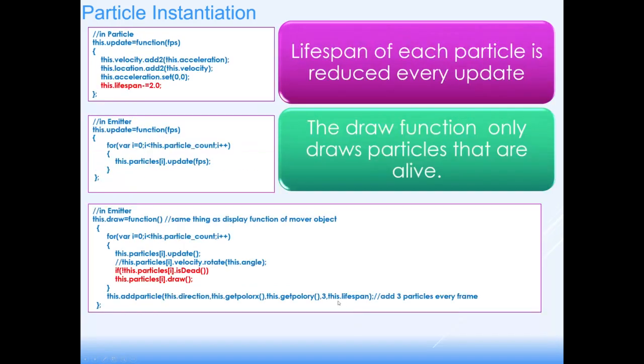So it looks like I am adding 3, and I'm passing the lifespan that's defaulted. When we notice this dot lifespan, I'm passing the lifespan that was passed to the emitter on instantiation, or when the emitter was created. So it adds 3 particles every frame, and it does it at the center of the x and y coordinates.